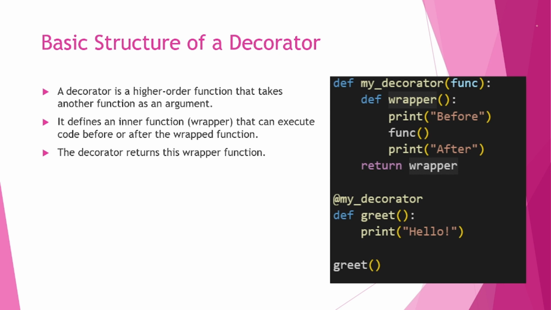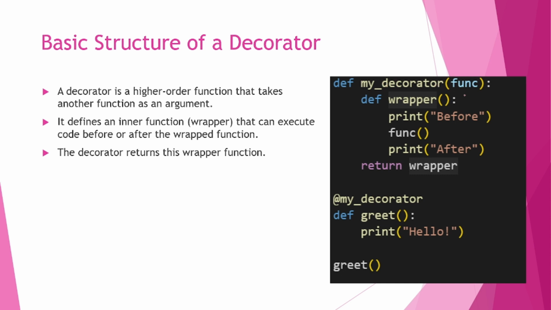So we will just show you a basic structure of a decorator. So it is a higher order function. What does that mean? That means that it takes another function as an argument. So here we have a my decorator function. We call it like this, but you can call it whatever you wish.